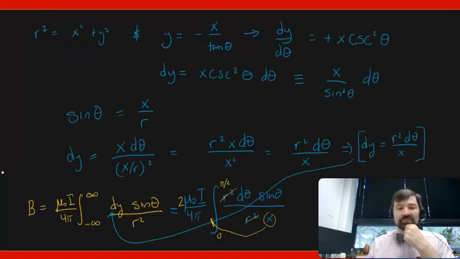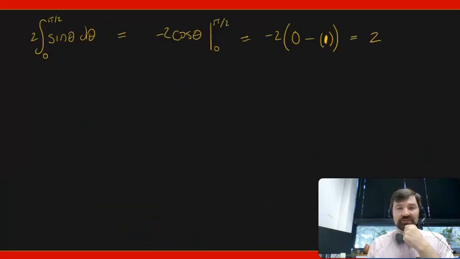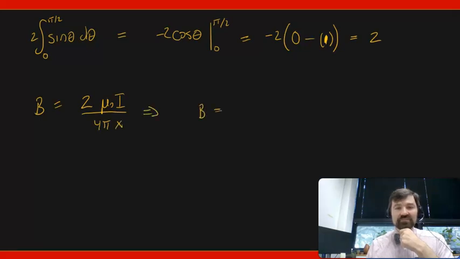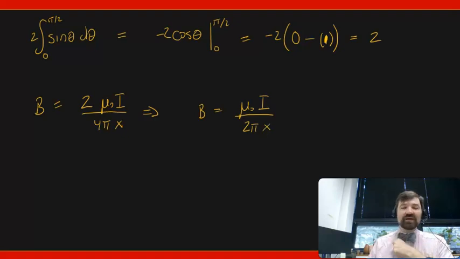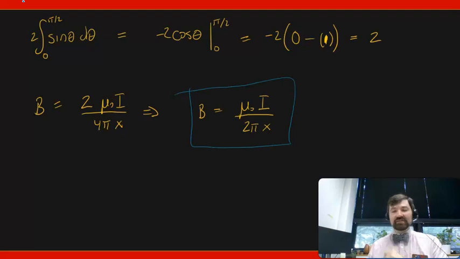Then you have to multiply by all this other stuff, and so B ends up being 2 times mu naught I over 4 pi x, and therefore our final answer is B equals mu naught I divided by 2 pi x, where x is the distance from the wire to the point where we're trying to find the value of the magnetic field.